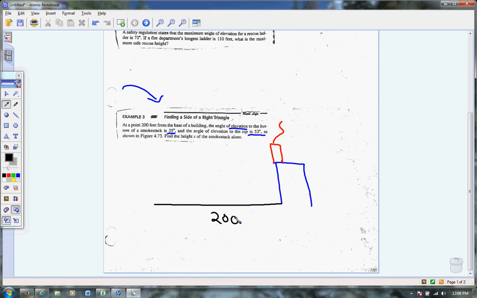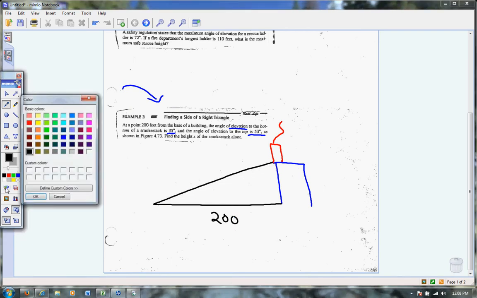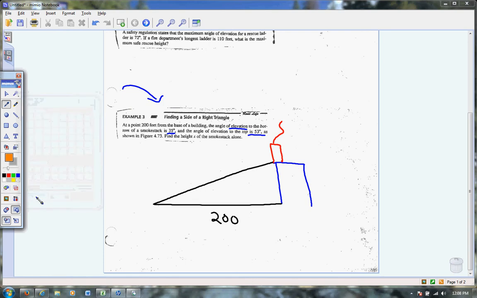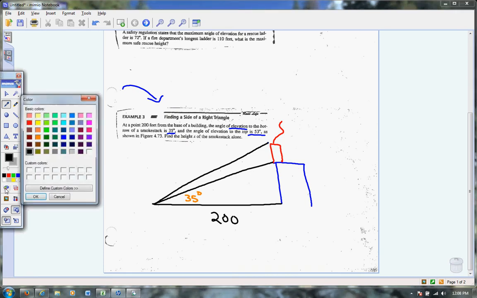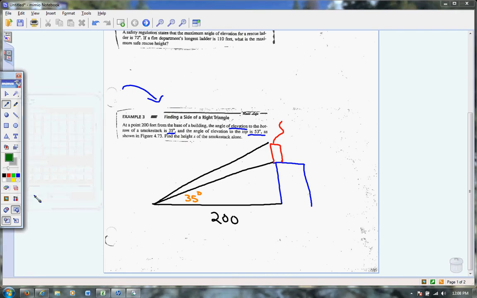And our angle of elevation to the bottom of the smokestack, which is right there, that angle of elevation is 35 degrees. But then we have another angle of elevation to the top of the smokestack, and that angle is 53 degrees.